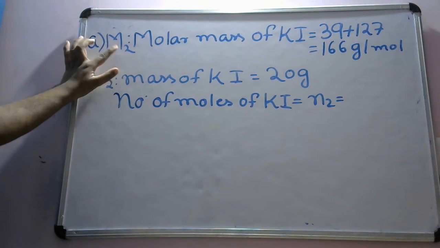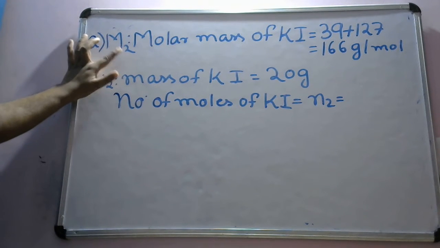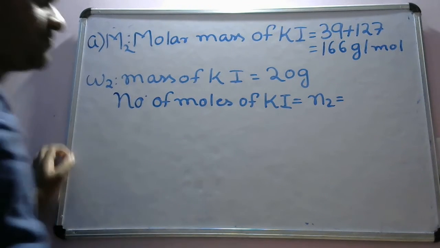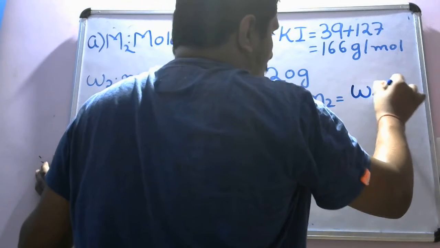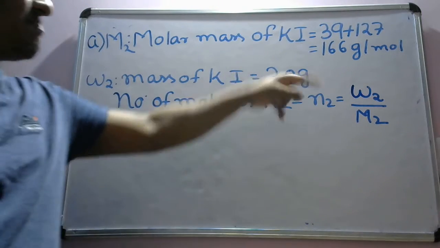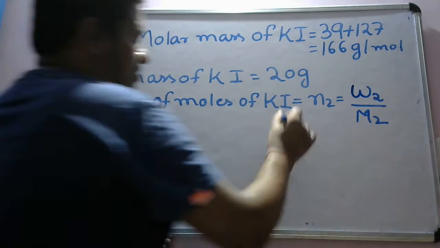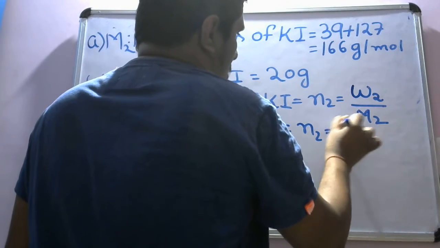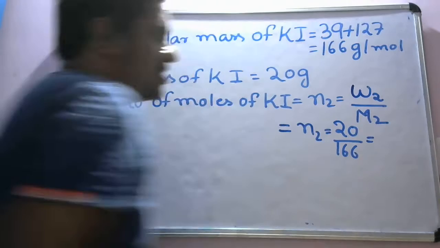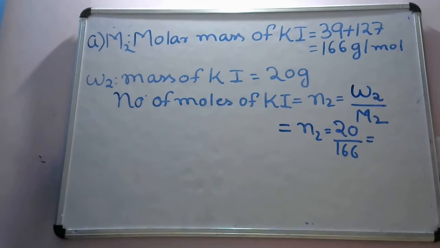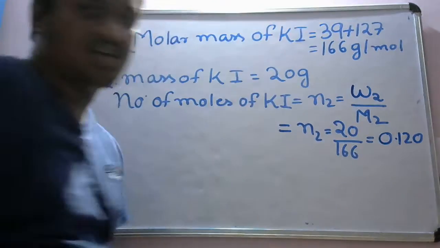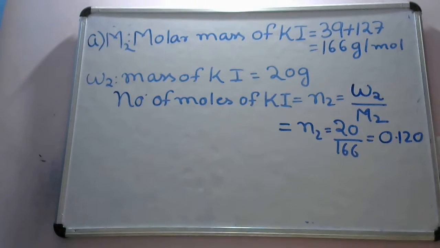The subscript 2 represents solute. So M2 is the molar mass of solute. W2 is the given mass of solute. So you know number of moles equal to given mass by molar mass. So this implies n2 is equal to 20 by 166. So when we calculate, we will get 0.120. We got the number of moles of KI.